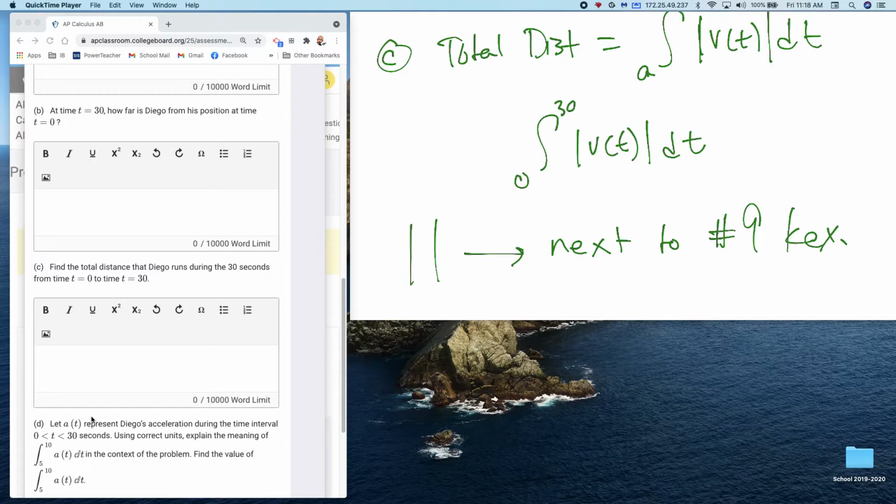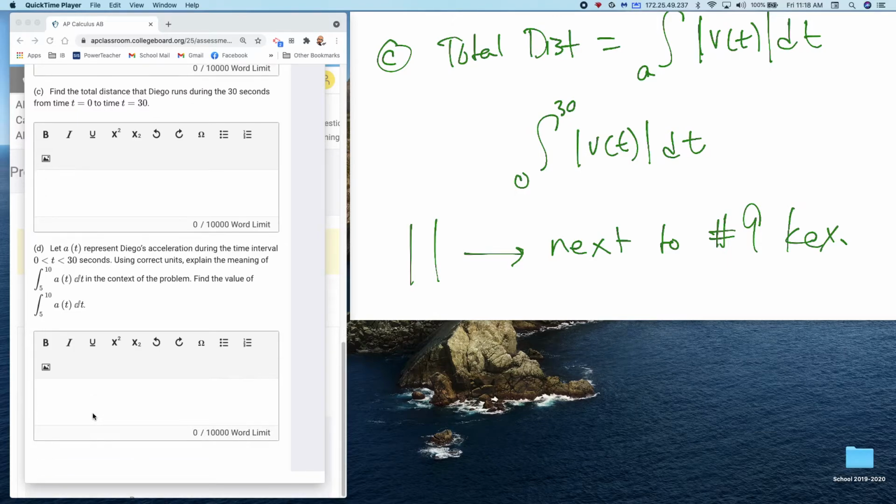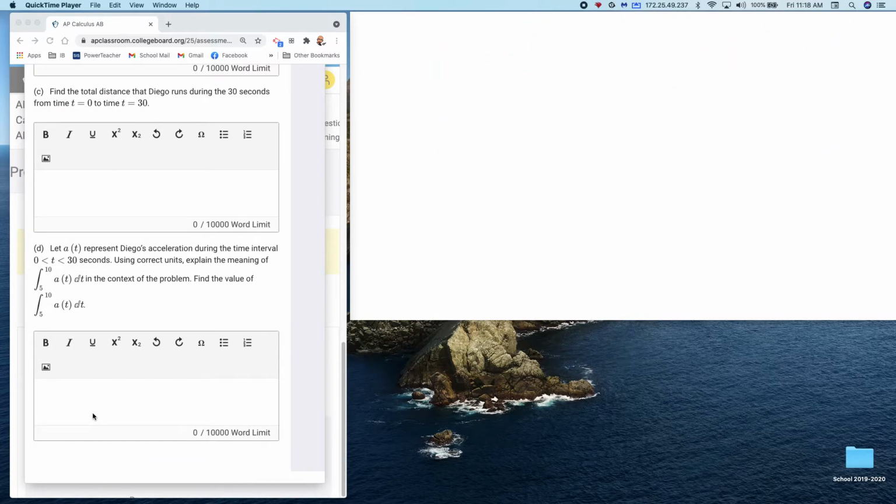Now the last part is the one that gave most people trouble. So part D. They ask us to evaluate and use correct units the integral from 5 to 10 of a of t dt. So I want to go back up to the steps because a lot of you bumbled this one because you really didn't know what you were doing.